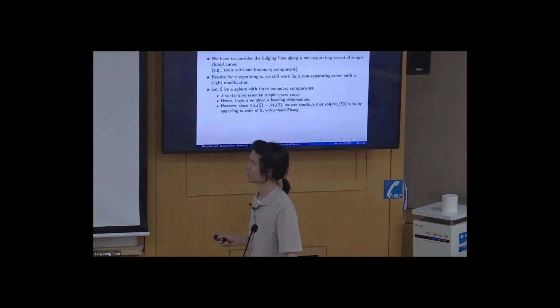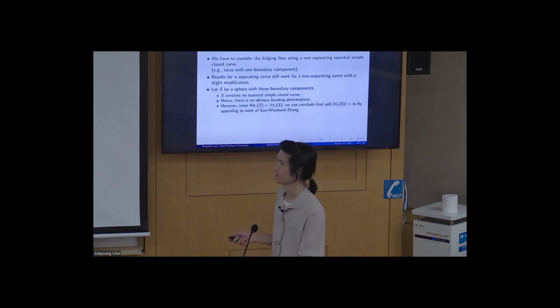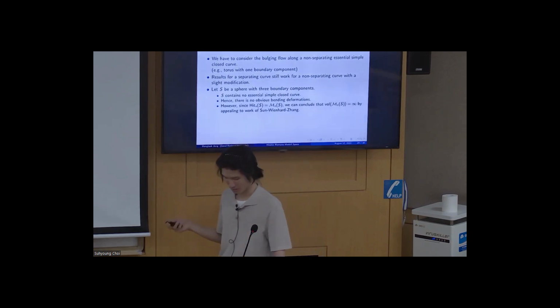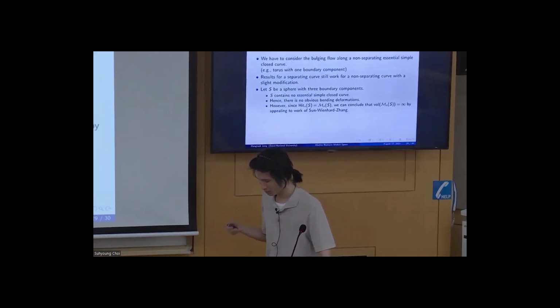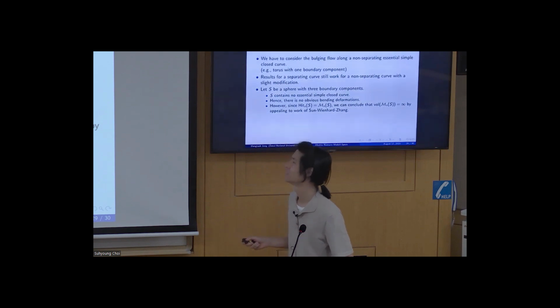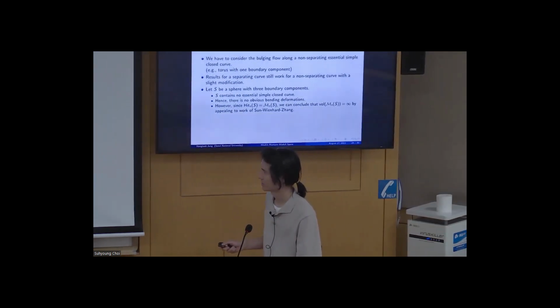So we can conclude that the volume of the moduli space is infinite by using the result of Sun, Wienhard, and Zhang. Basically, they construct a proper global Darboux coordinate on the Hitchin component.